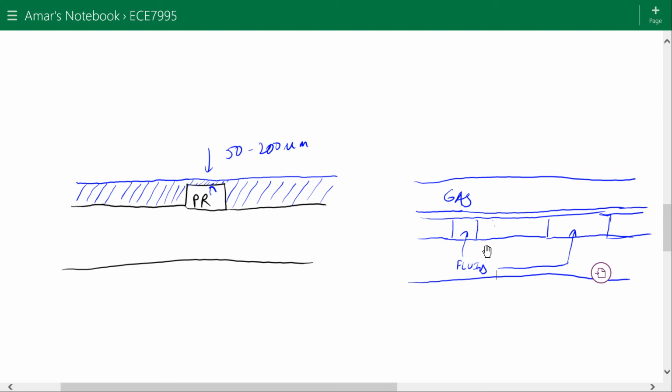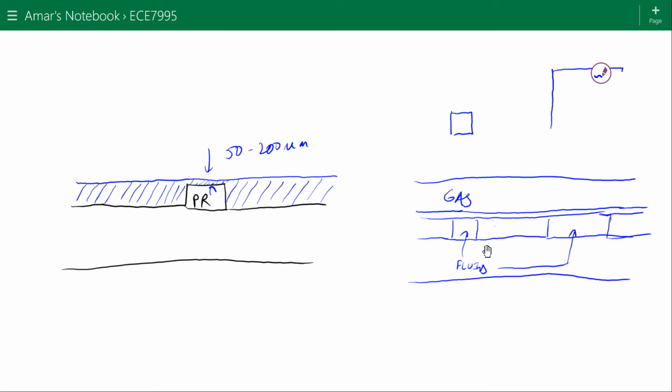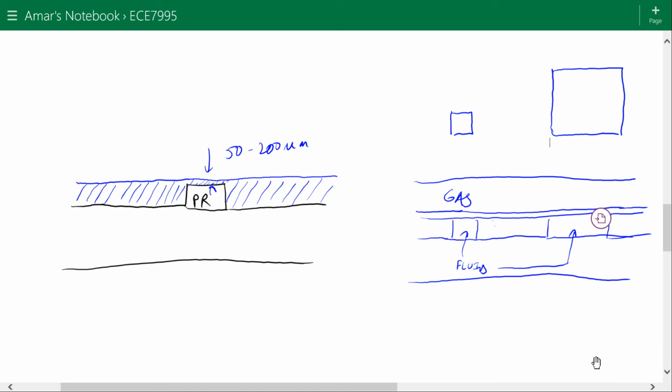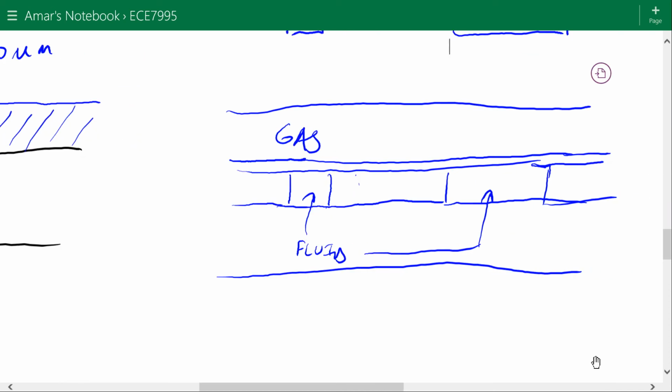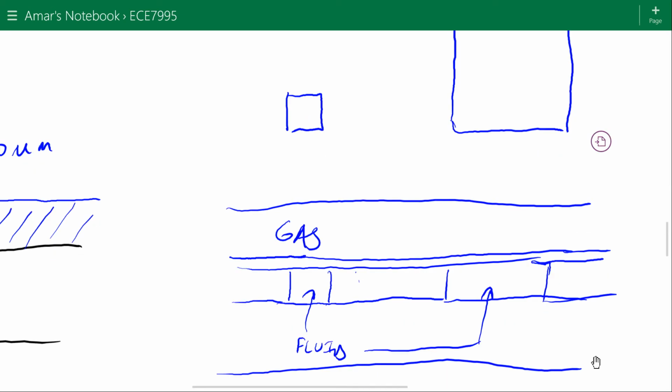If we looked at this from the top view, this valve would look like this, and this larger valve, with a larger channel below it, would look like this. Just by looking at this, which one's going to be easier to deform? The small one or the larger one? The larger one's going to be easier to deform. That's right.